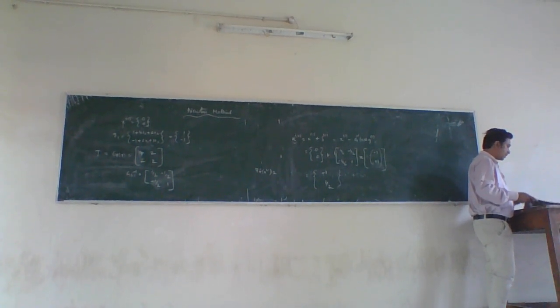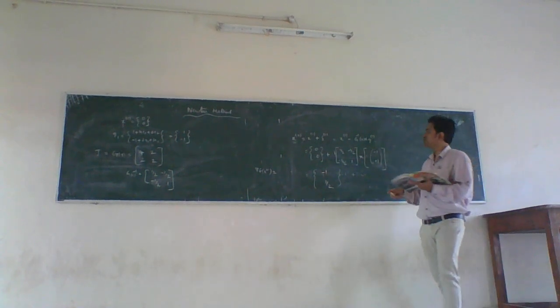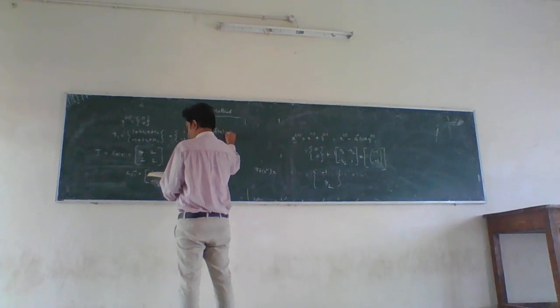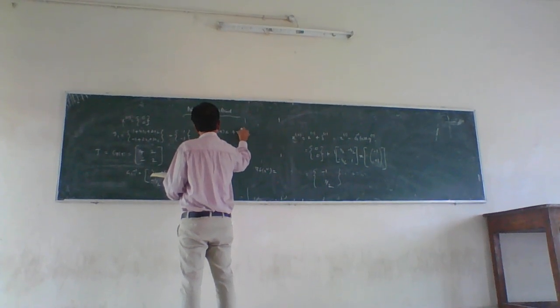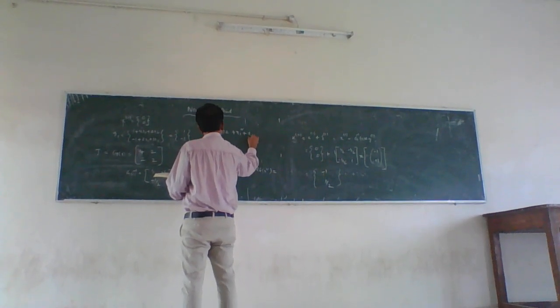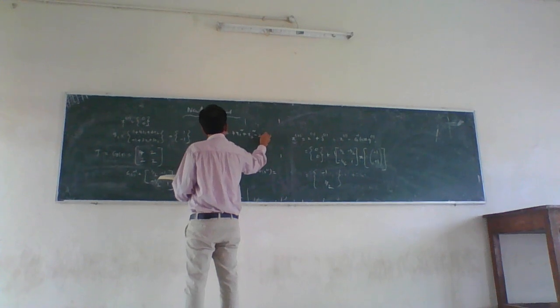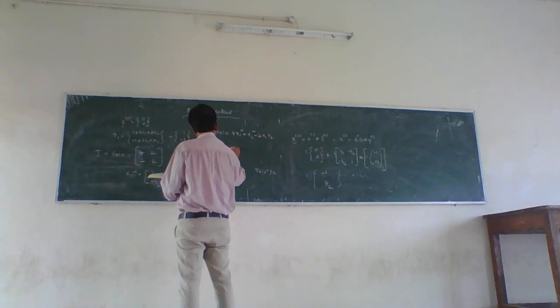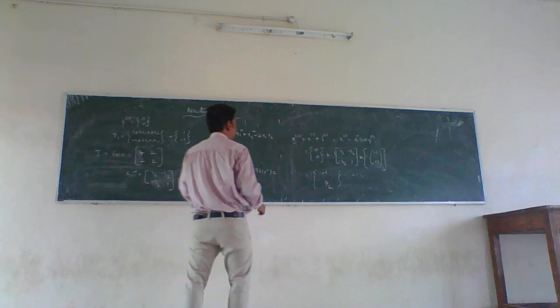Do it for another problem. F of x is equal to 4x1 square plus x2 square minus 2x1 x2. Given initial x1 is equal to 1, 1.